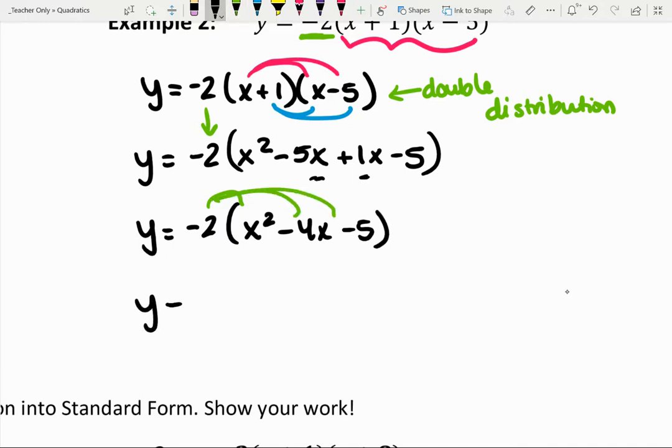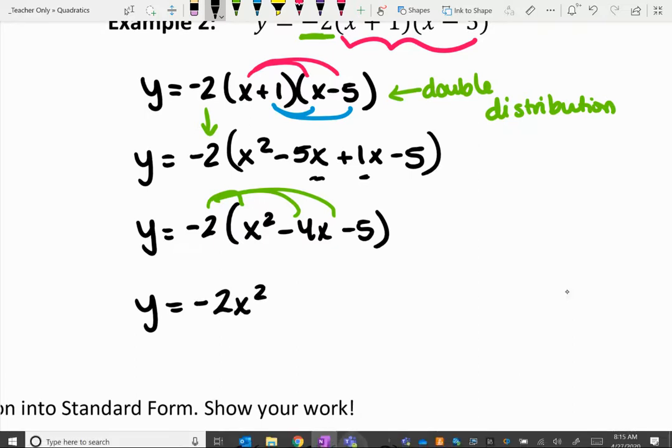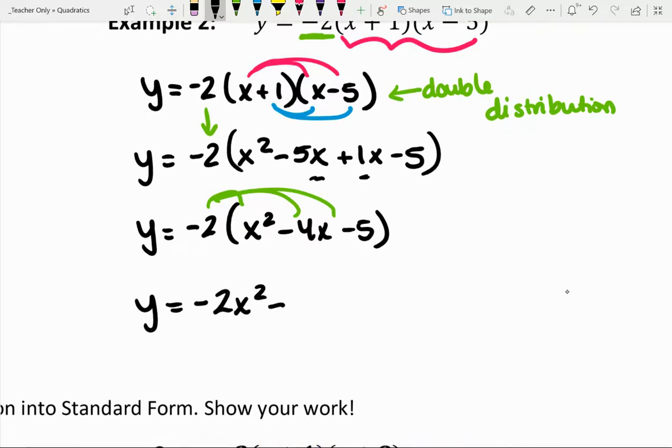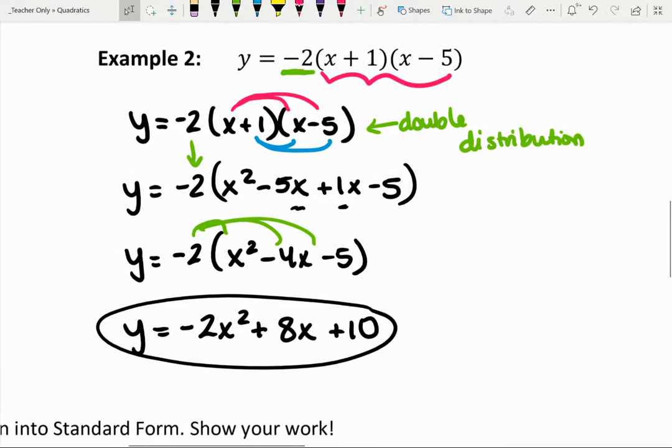Negative 2 times x squared is negative 2x squared. Negative 2 times negative 4x is positive 8x. A negative times a negative makes that positive. And negative 2 times negative 5 is a positive 10. So I've got my standard form equation right there.